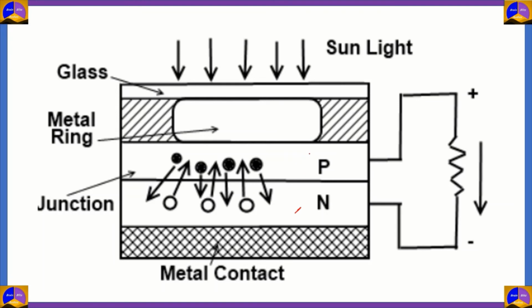And both the P side and the N side have metal contacts in order to collect the EMF and to create current. So that is how photovoltaics is used in order to create electricity. A photovoltaic cell is connected to a resistance, so therefore you can observe current.